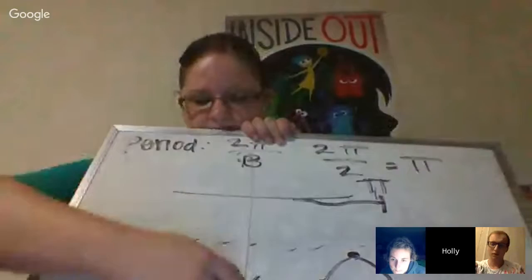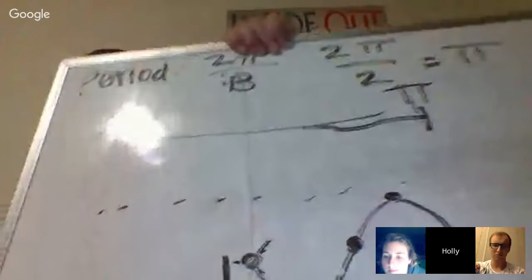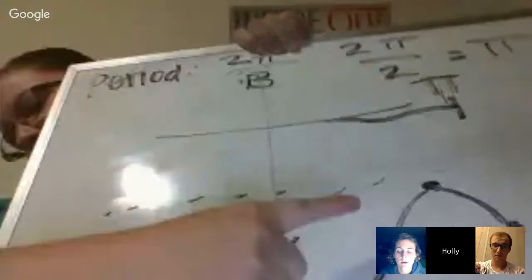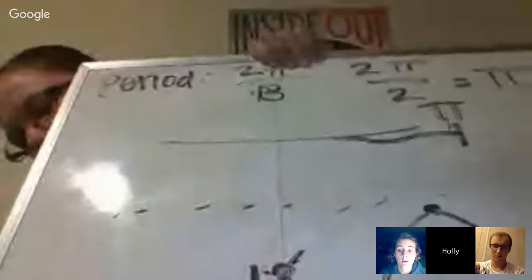So here's 0. Here's pi. So it's less than pi. Your middle point is always less than your second point. So it's your average. So 0 plus pi divided by 2, the pi halves.